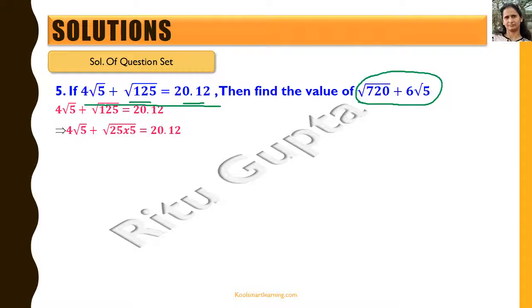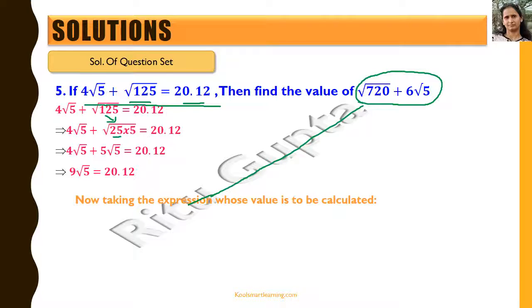So we first simplify this given expression, which is 4 root 5 plus root 125 is equal to 20.12. So 125 can be written as 25 cross 5, and the square root of 25 is 5. So we get 4 root 5 plus 5 root 5 equal to 20.12, which is nothing but 9 root 5 equal to 20.12.